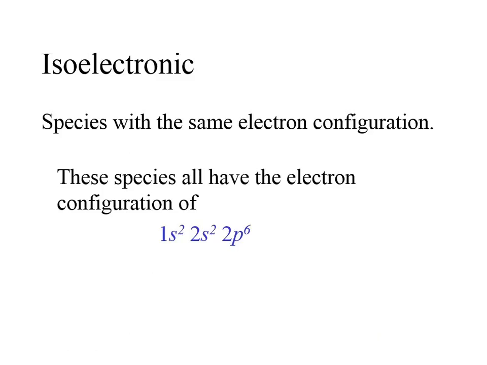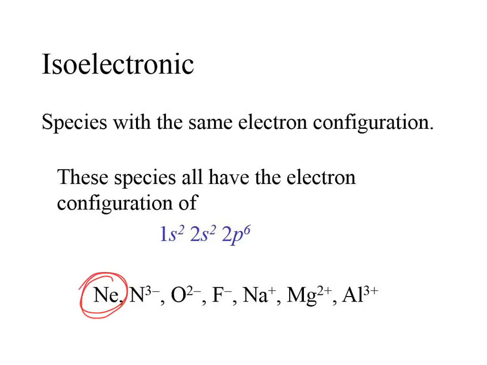Isoelectronic. So the example I showed you before with the aluminum and the sodium, losing electrons to become isoelectronic like neon. Basically, it's all about trying to get the rare gas configuration. So here is an example of species, because I don't think you can call them atoms when it's an ion, that all kind of center around neon.